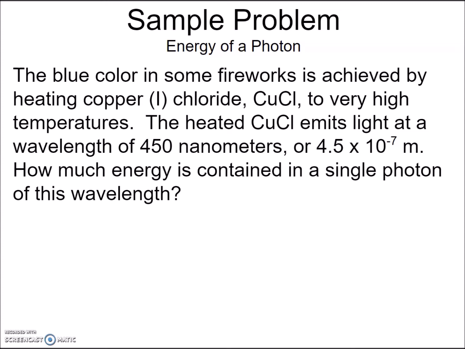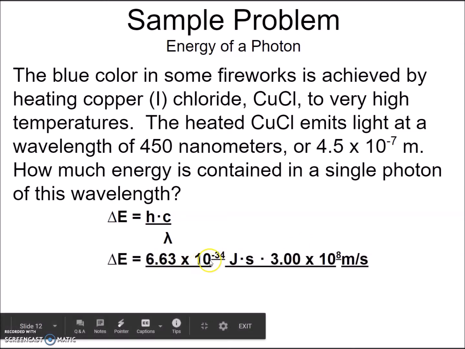Again, we'll use our equation that combines Planck's equation with that of a wave. Delta E equals Planck's constant times the speed of light over the wavelength of that light. Planck's constant is always going to be 6.63 times 10 to the negative 34th. And the speed of light is always going to be 3 times 10 to the positive 8th.